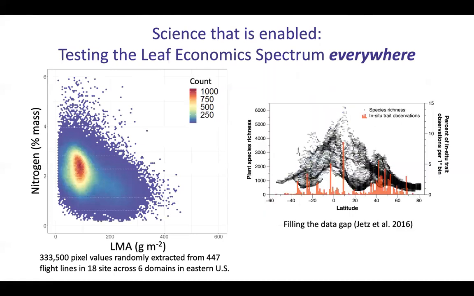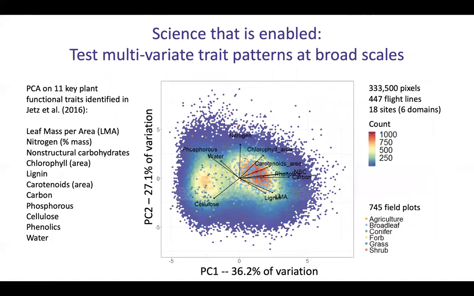This is that same graph that I showed earlier about where we have trait data. Again, it's all about filling those gaps. So we're now able to test what trait space looks like. Has anybody remember seeing a graph that looks like this from a paper? So this is using those 330,000 pixels of all of these traits, it's actually the 11 traits identified in the paper, and showing that this covers 63% of the variation in the data, what the main drivers are.